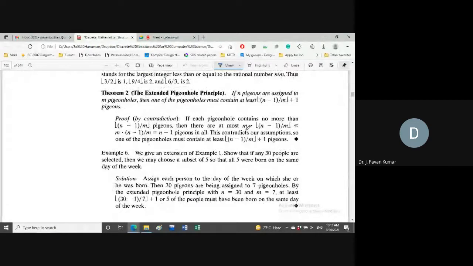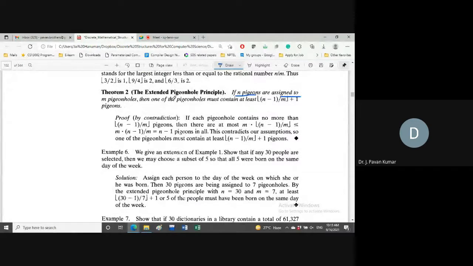If n pigeons are assigned to m pigeonholes, then one of the pigeonholes must contain at least this many pigeons. At least one pigeonhole will have at least these many pigeons in it. Let us assume this number 505.